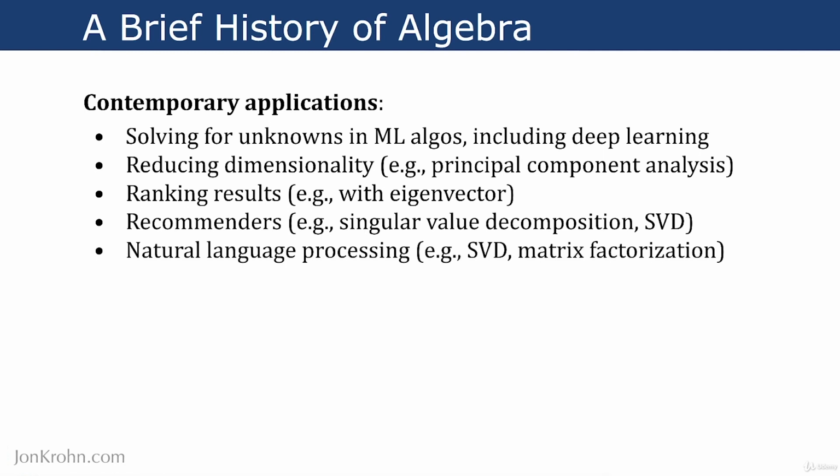It's also used to process natural language, with singular value decomposition or another technique called matrix factorization. Whether we're talking about processing language coming out of somebody's mouth, the language sounds, or written language, we can use linear algebra to model topics, identifying what topics are being discussed in that natural language, as well as for semantic analysis.